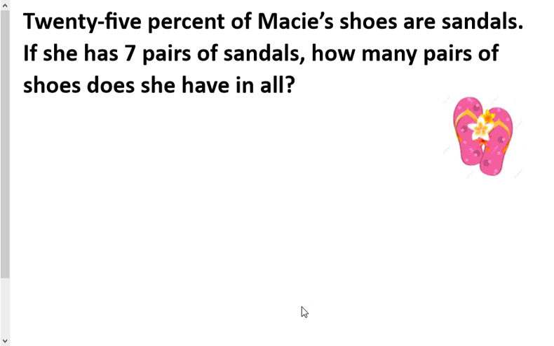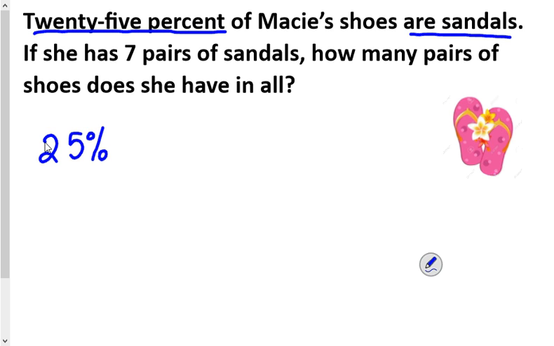So looking at these problems, it says 25% of Macy's shoes are sandals. If she has 7 pairs of sandals, how many pairs of shoes does she have in all? So what we know is 25% are sandals. And it's 25% of Macy's shoes. So 25% of the shoes are sandals.